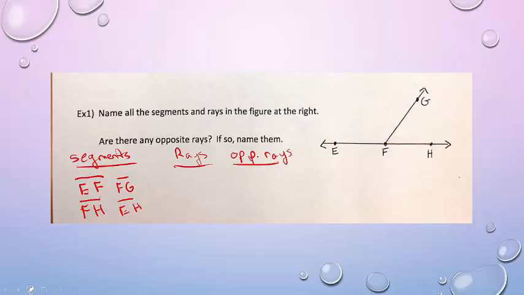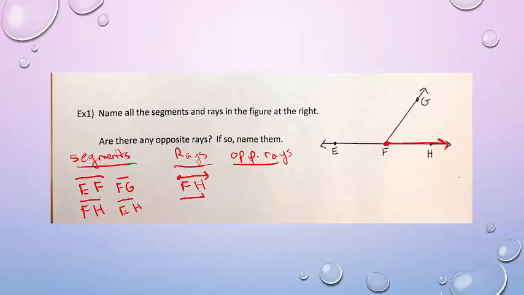Now for the rays, that can get a little trickier. So remembering a ray has to have an endpoint and one arrow. So we could see ray FH could be a ray because it has an endpoint at F and it goes towards H. So again, ordering does matter. We have to be careful about that.